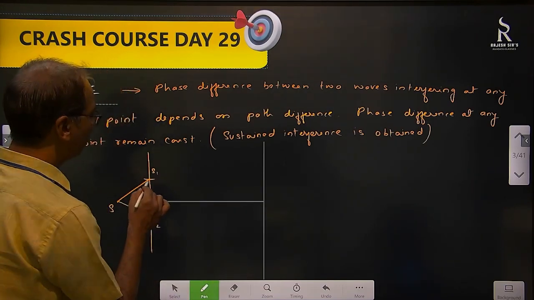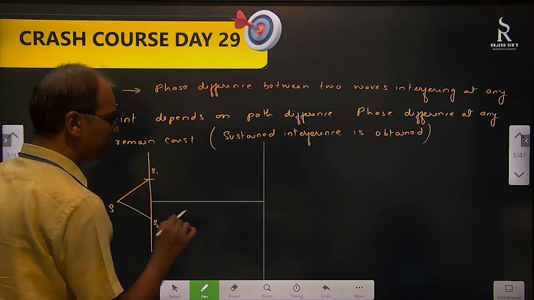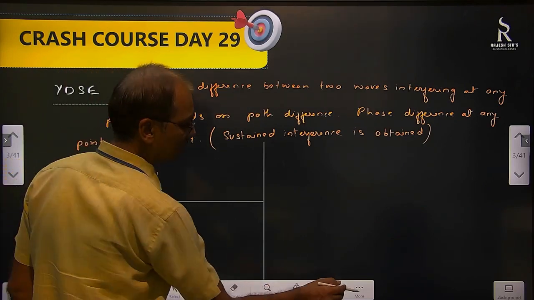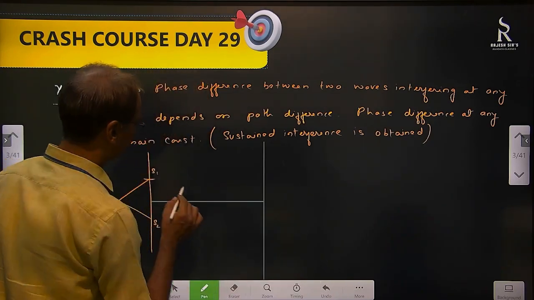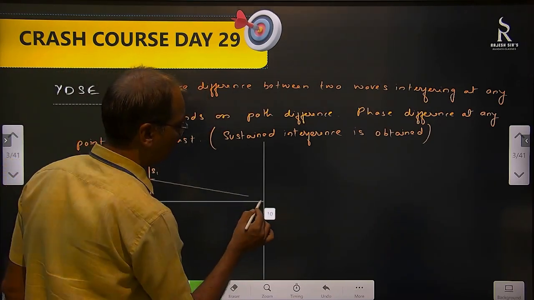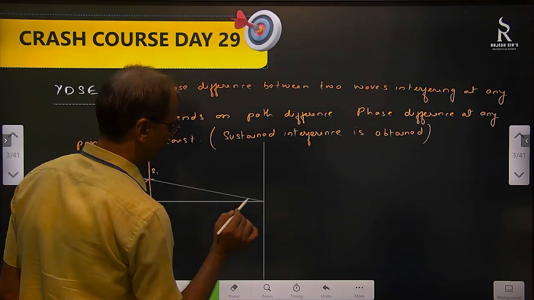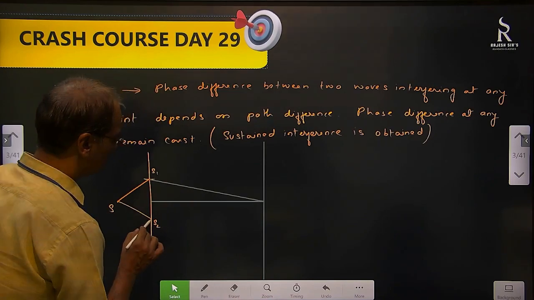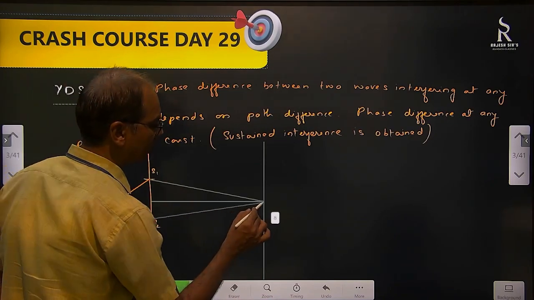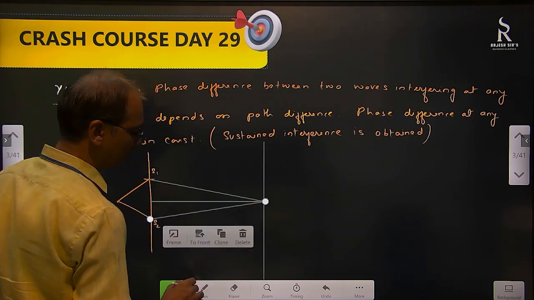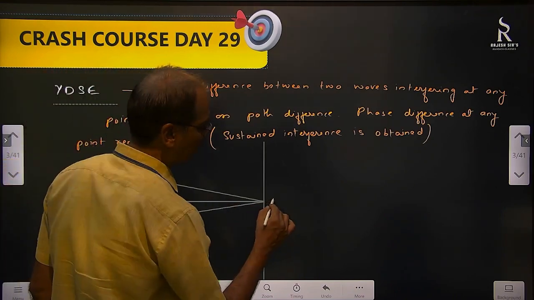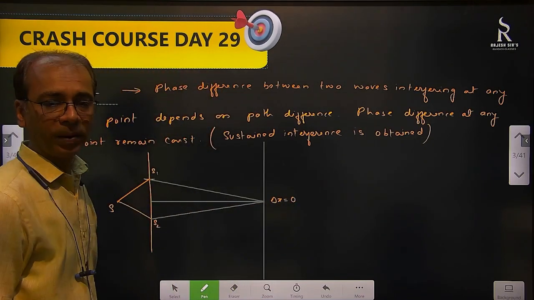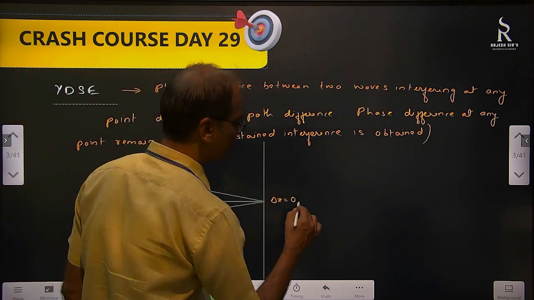The wave traveling from S1 and the wave traveling from S2 will be traveling the same distance, because it's the middle point. Both travel the same distance to reach this middle point, so I can say the path difference is 0.